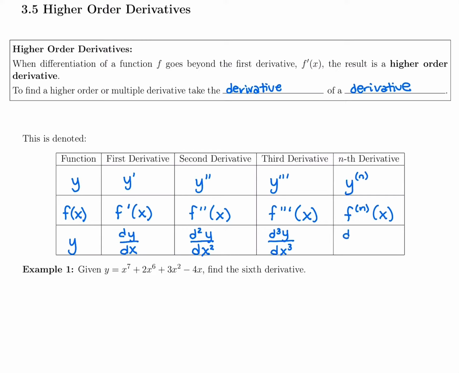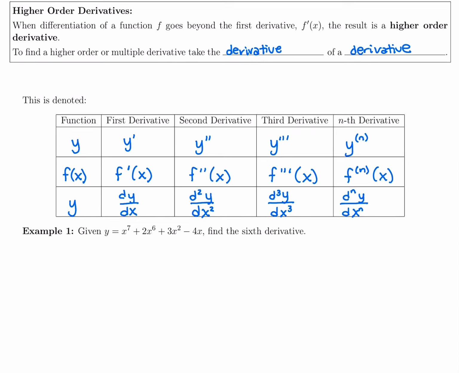And then for any number, we would just put it up top, the nth derivative of y with respect to x n times. Not as common of a notation, but just in case something asks you for d4 of y dx to the 4, I don't want you to think you can't do it. That just means take the fourth derivative.